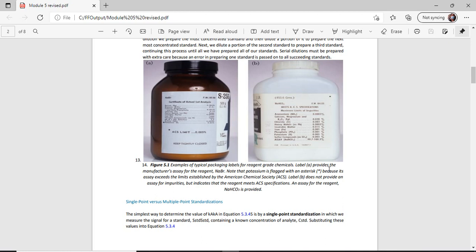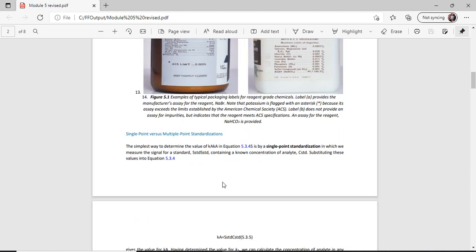Label B does not provide any assays for impurities but indicates that the reagent meets ACS specification. An assay for the reagent NaHCO3 is provided as well.